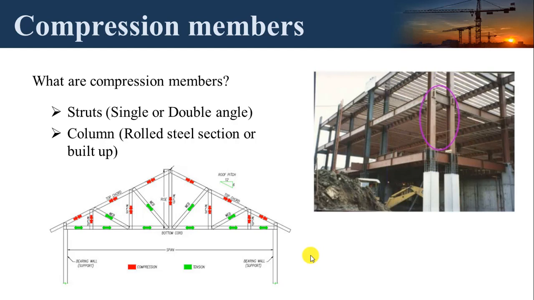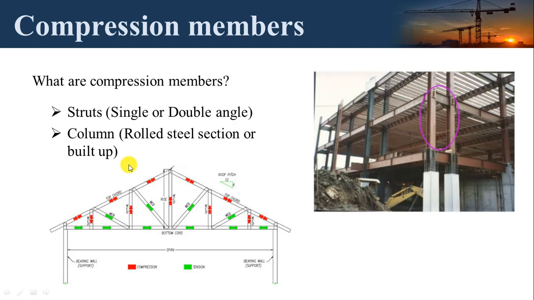In these 3 different designs, mostly the principal rafters are always designed with double angle sections. For struts we have options: either we can go for double angle or single angle. Normally the practice is that the principal rafter is provided with double angle and the strut with single angle. For columns there are 2 different sections we can use, the rolled steel section or the built up section.